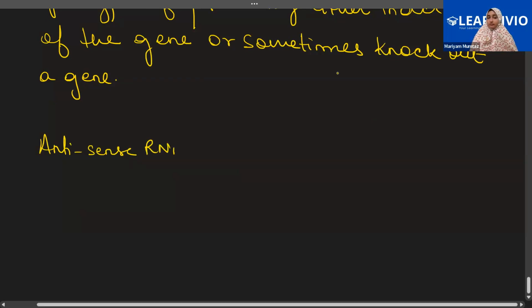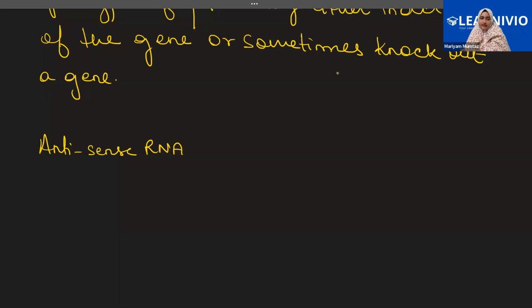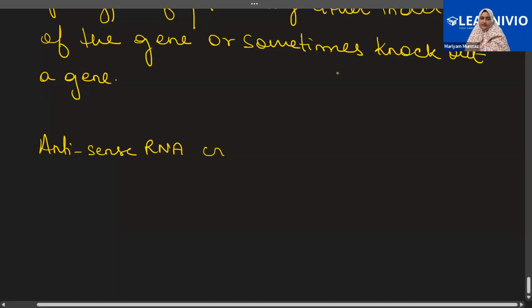We are going to discuss how this antisense RNA is beneficial for us. Why do we do it? So, antisense RNA is used for creating pest-resistant plants. Pest, do you understand? Insects and all.